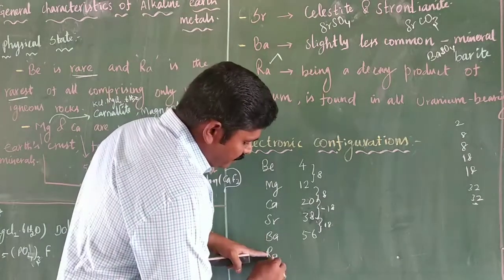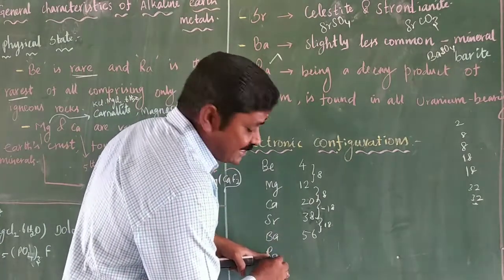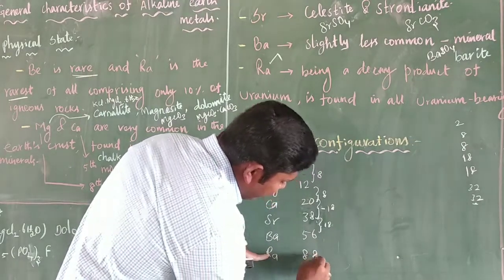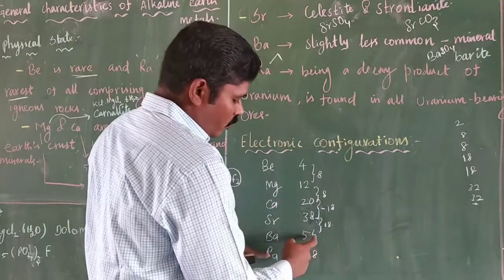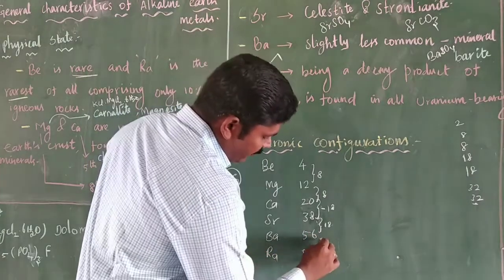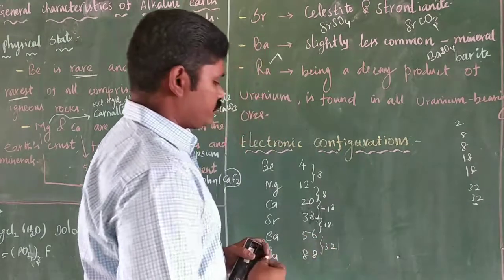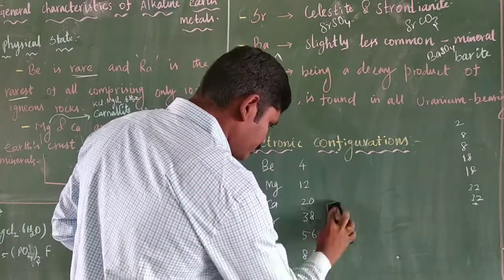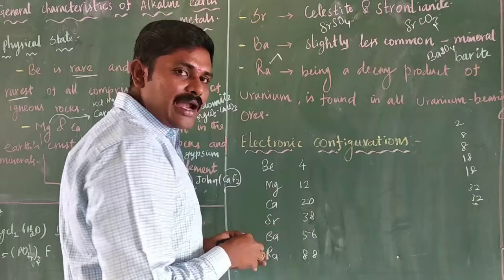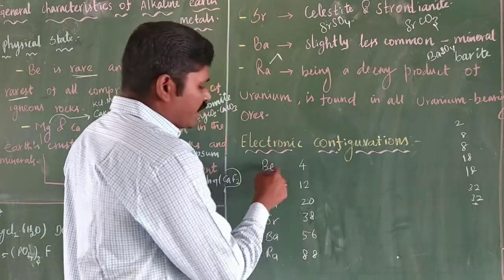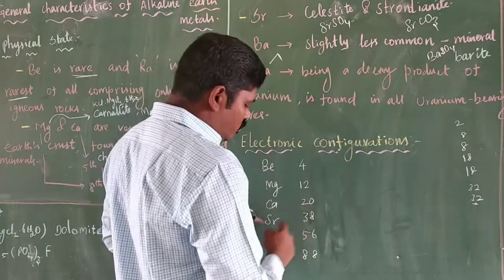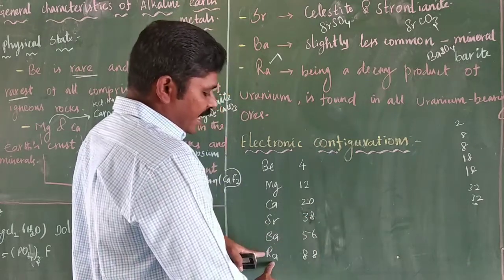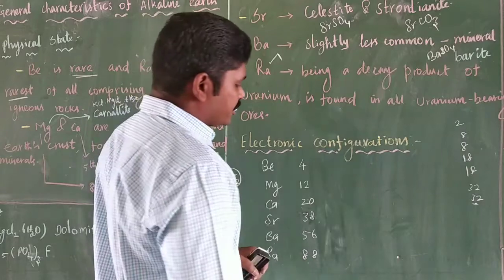And radium and barium difference 32, so 88, difference 32. So the atomic numbers of the alkaline earth metals: beryllium 4, magnesium 12, calcium 20, strontium 38, barium 56, and radium 88.